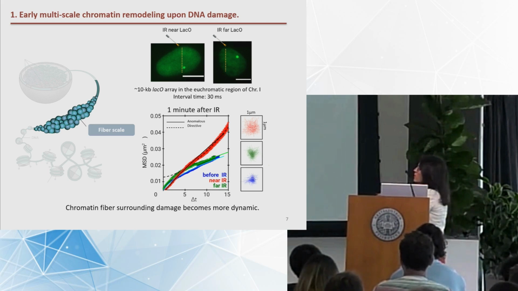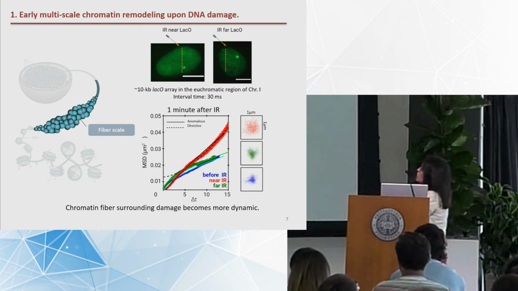Here we calculate the mean square displacement as a function of time interval: before irradiation in blue, after nearby irradiation in red, and after distant irradiation in green. Next to it, I put the representation of the first 500 points of these trajectories with the same color code. The MSD and also the trajectory show that, compared to the undamaged condition, the locus explores a larger nuclear volume only after a nearby irradiation.